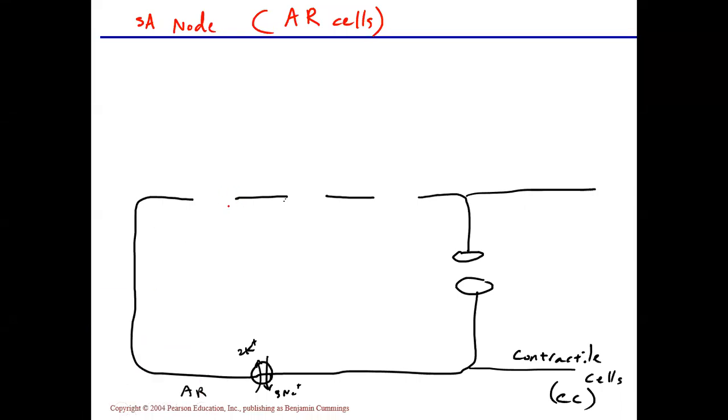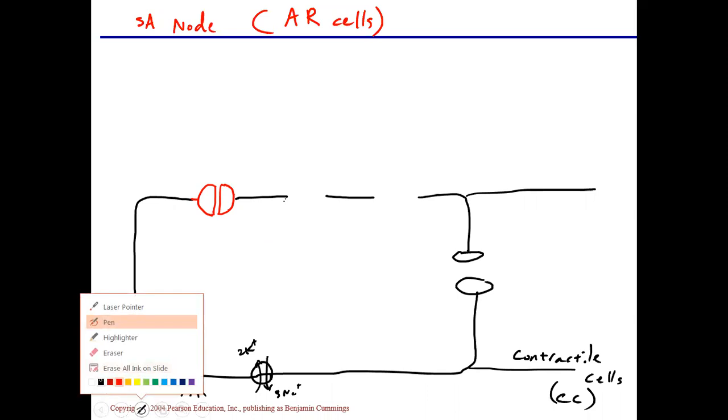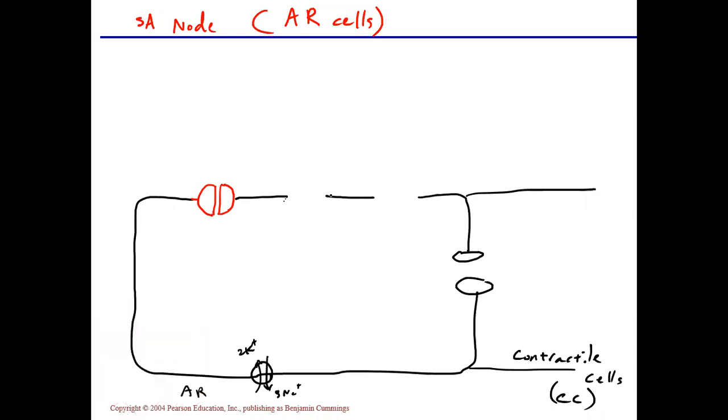One is an unstable sodium channel. Unstable sodium channel means that this sodium channel gets open and closed due to the instability. Then you have a calcium channel that is voltage gated, and you have potassium that is also voltage gated.